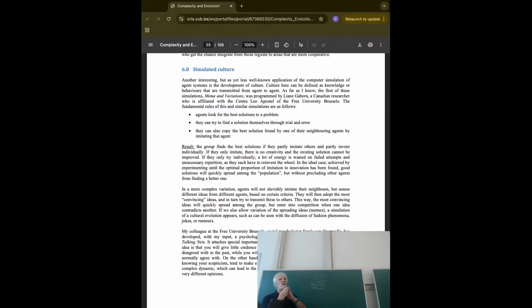Beliefs that are coherent with what agents already believe will propagate more easily than beliefs that are incoherent, etc. So you could, in principle, make a pretty sophisticated simulation of how new ideas evolve in society. So it's one of the things I'm now busy working on, but the basis is already there in these old simulations.